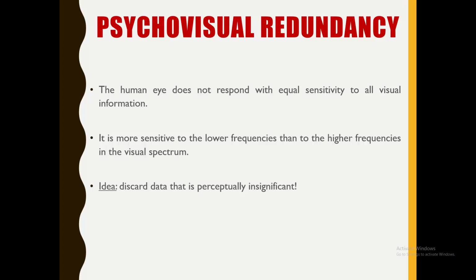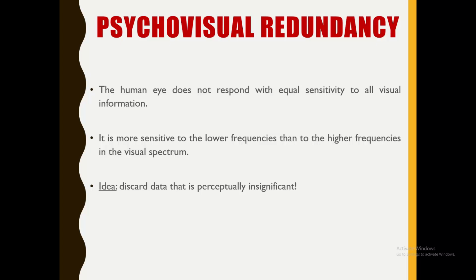So we can eliminate all that information to which the human eye is not sensitive. That information can be eliminated without significantly impairing the quality of image perception. The elimination is possible only because the information itself is not essential for normal visual processing.